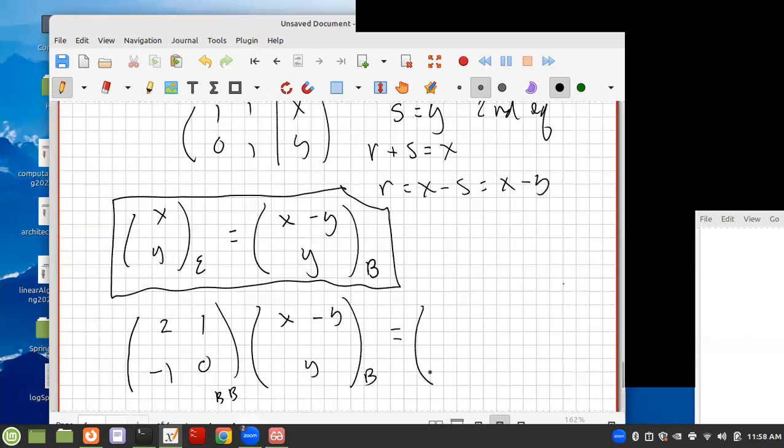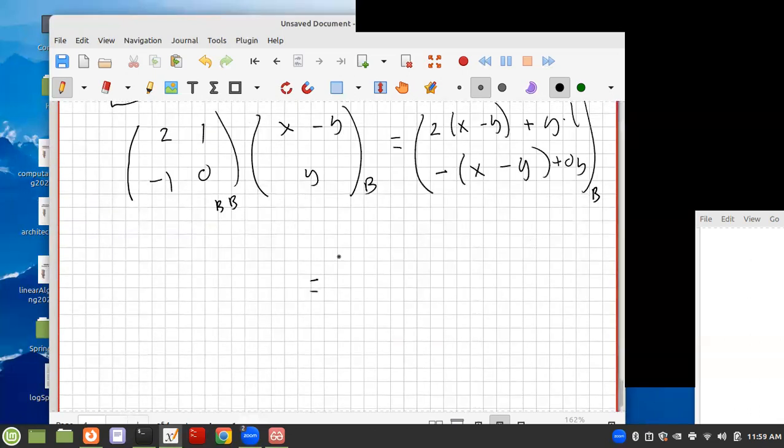Then we do the matrix multiplication, which is 2 times (x - y) plus 1 times y, then minus (x - y) plus 0 times y. And this is in basis B.